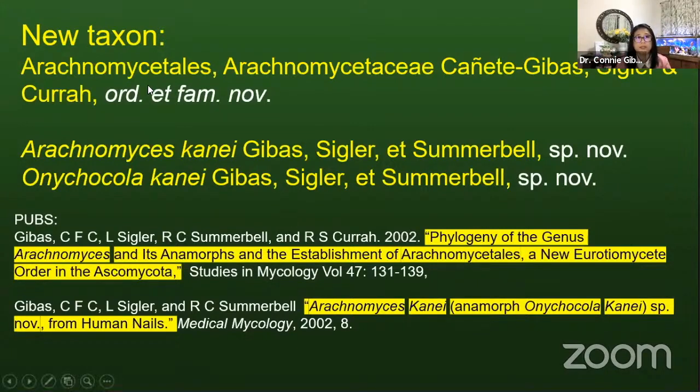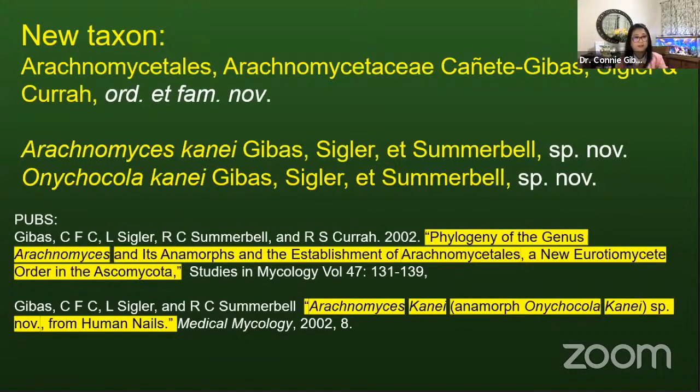ACEAE is the suffix of family. So Arachnomycetales, Arachnomycetaceae, and then the authority, which is us. Okay. And then we also published the species in another article with my supervisor and my panel.